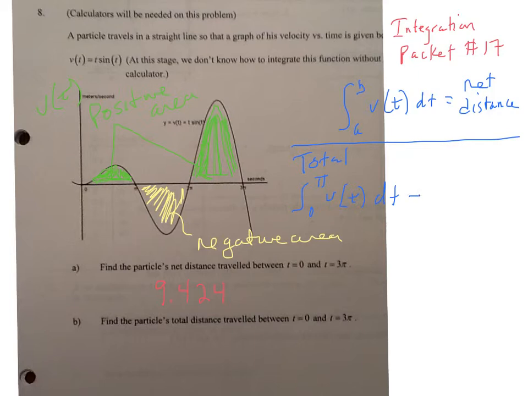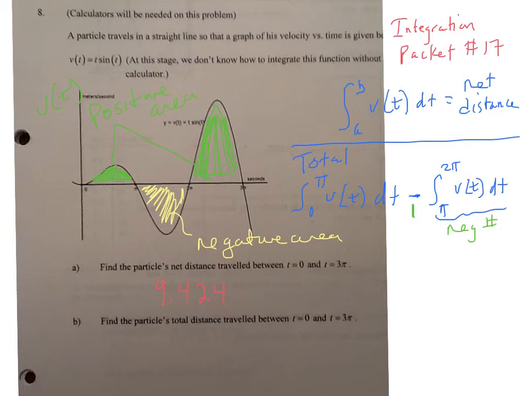So I subtract off that area. This value in here will create a negative number, and subtracting a negative will lead to a positive.